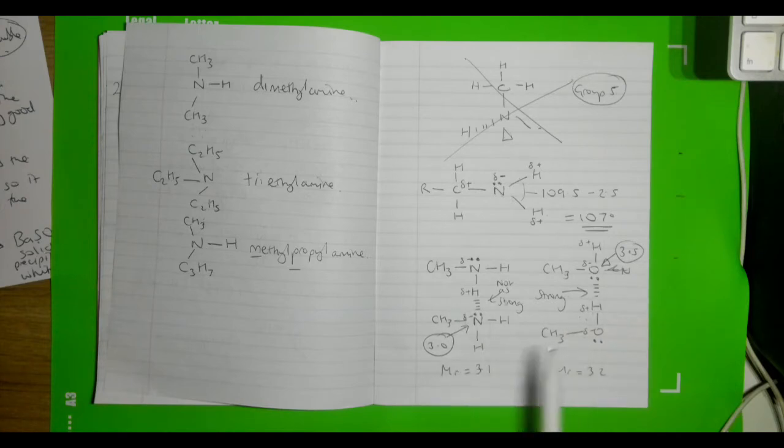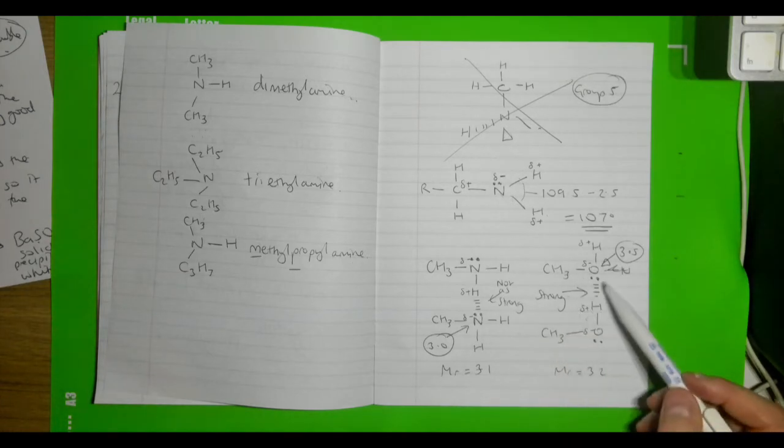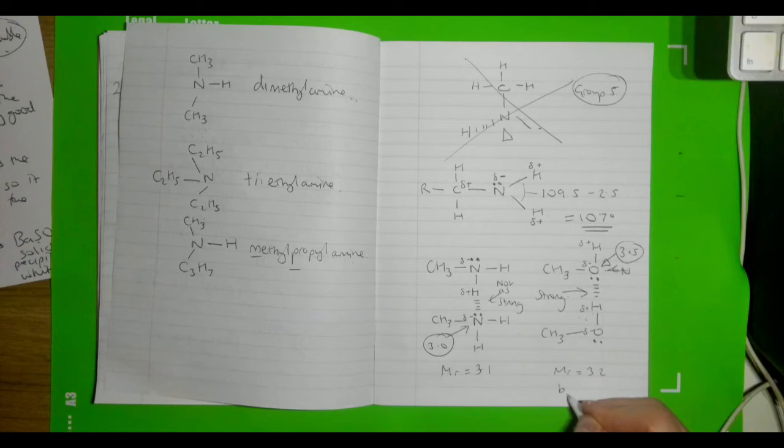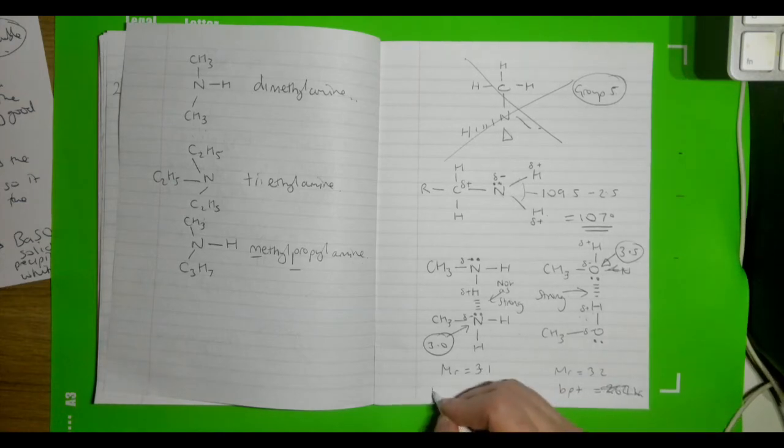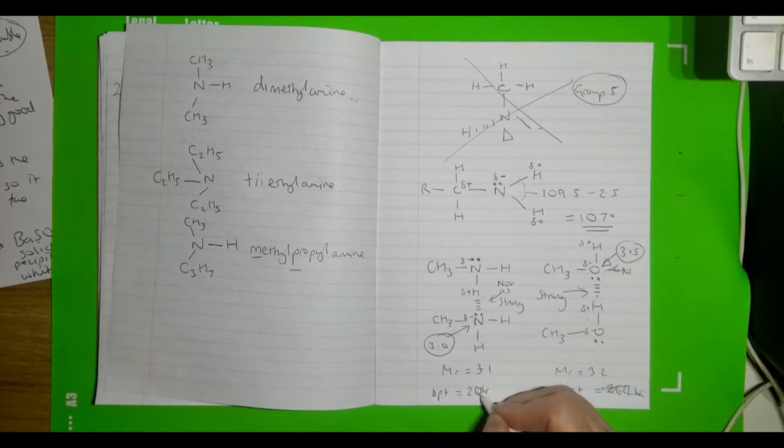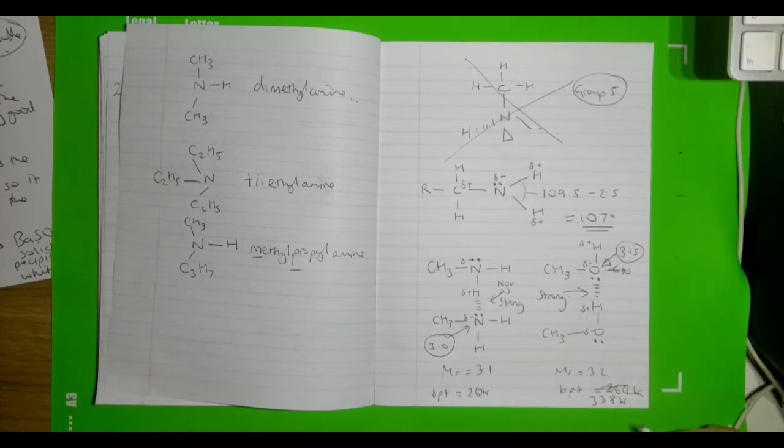So I've got the melting points and boiling points here. So I'll give you the boiling point. I'll just write BPT, it's shorthand for boiling point. The boiling point of methylamine is 267 Kelvin, but the boiling point of methanol is higher, which is 338 Kelvin.